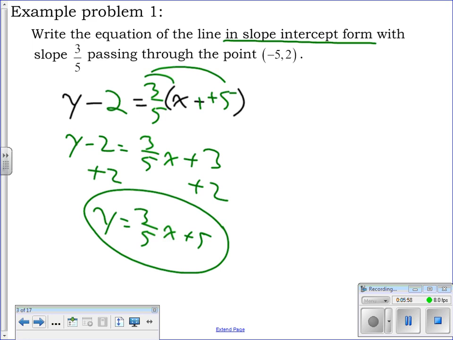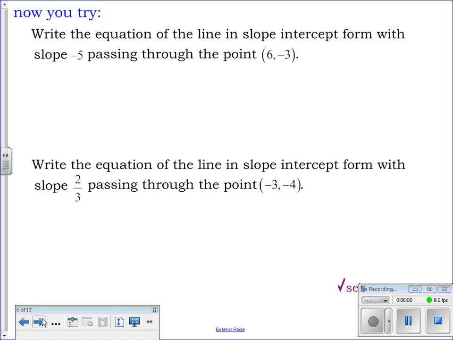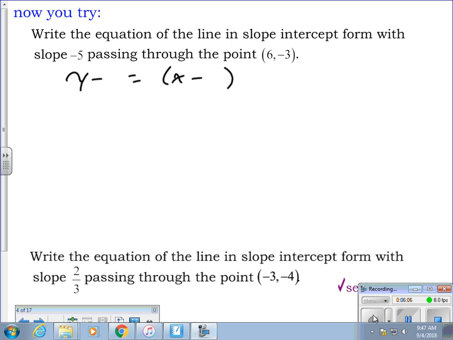Okay. Your turn. Do those two. Okay, so you notice I already put up the point slope formula with the blanks. Fill in the blanks. y coordinate, -3. Slope, -5. x coordinate, 6. Okay. Go ahead and change the double negatives to a positive.